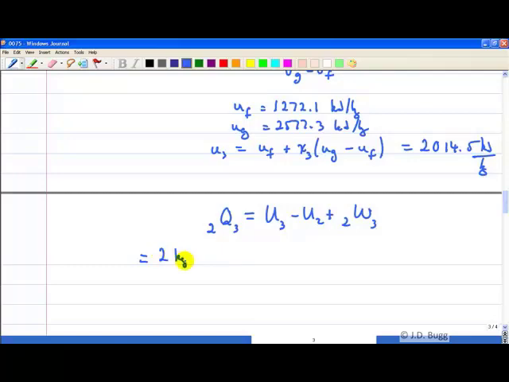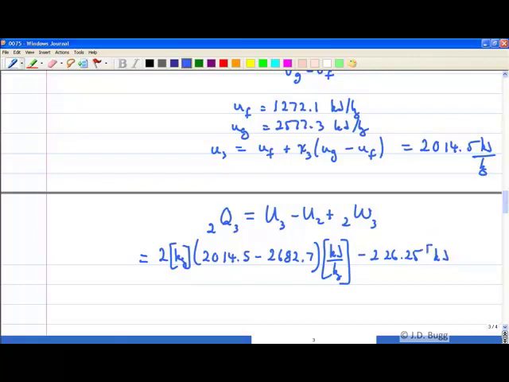So 2 kilograms times the change in specific internal energy. We just found this 2014.5, that's our U3. U1 we got a while ago, 2682.7. Both of those are kilojoules per kilogram. And then adding the work on, but of course the work is negative 226.25 kilojoules.